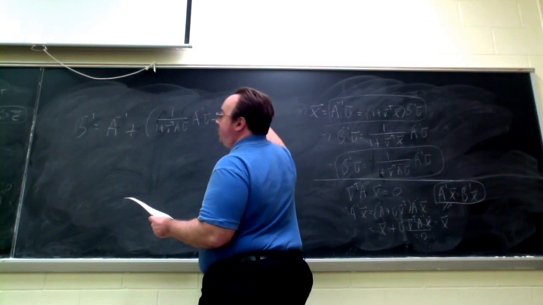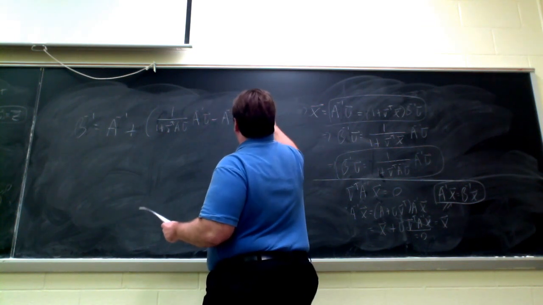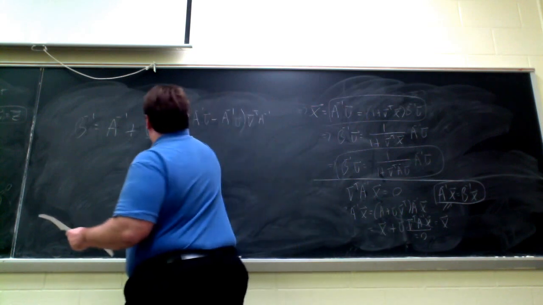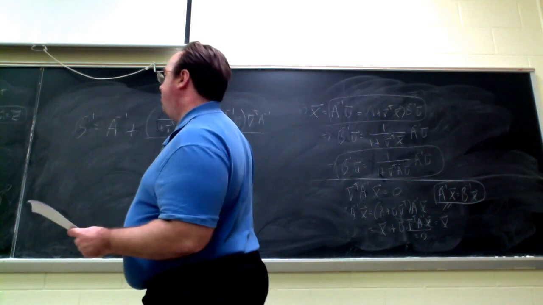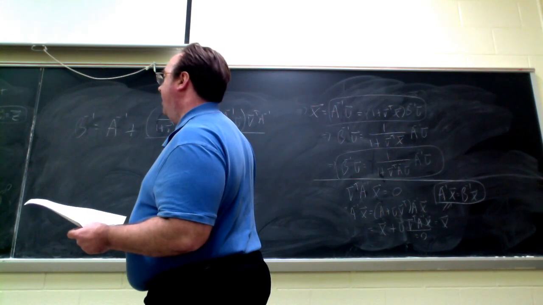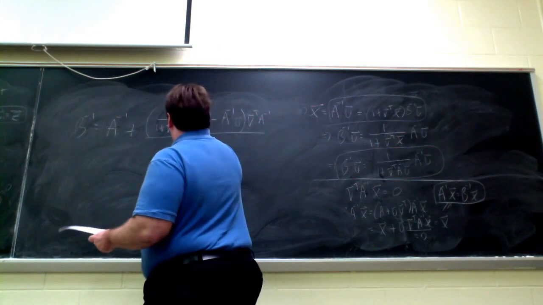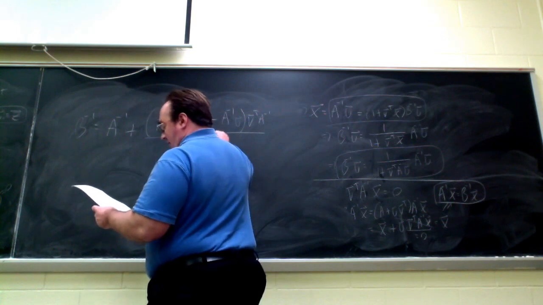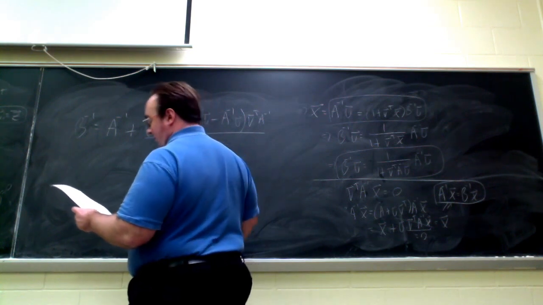And then I have G transpose. So that's G transpose A inverse all over G transpose W, which is G transpose A inverse U. And, okay.